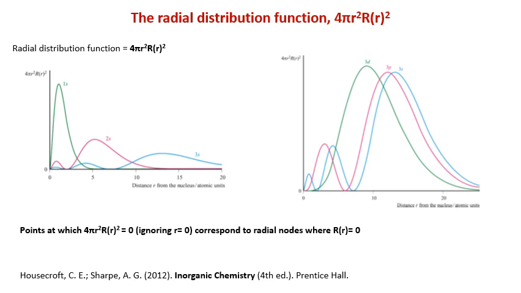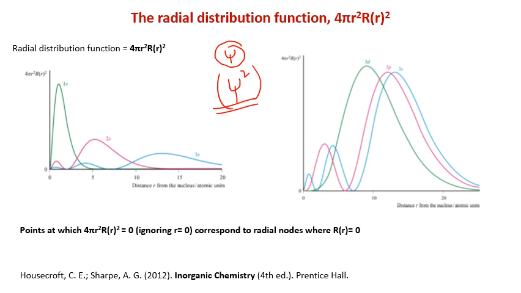The wave function psi has no physical significance or meaning, but psi square has a meaningful significance. It gives the probability distribution of finding the electron in space.